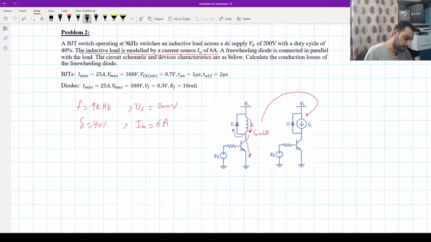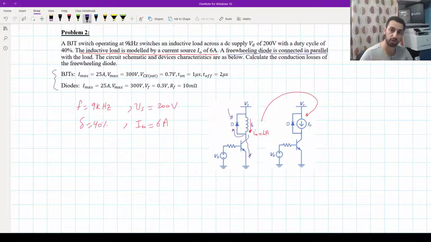Now a freewheeling diode is connected in parallel with the load. I think we know the diode, this one, and the circuit schematic and device characteristics are below, which are these. Calculate the conduction losses of the freewheeling diode, just the diode. We have switching losses for the diode, but we didn't cover that because usually we ignore this.